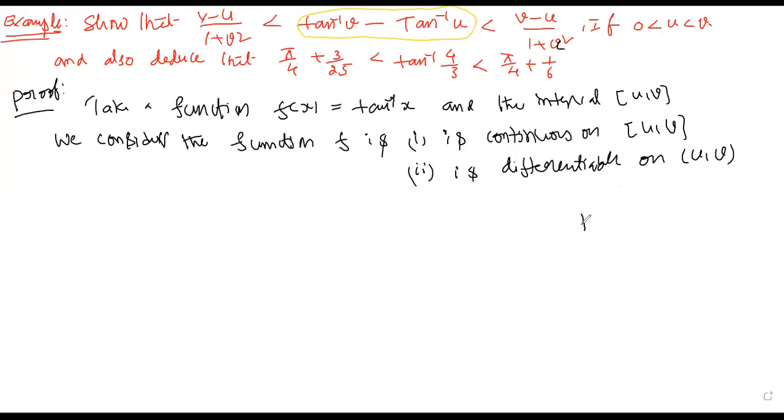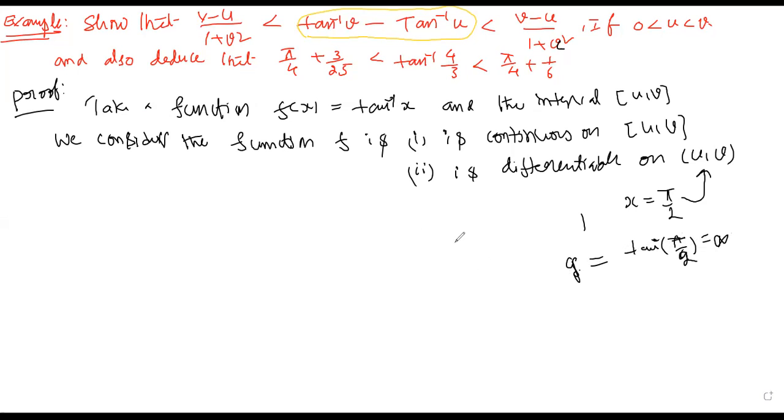Suppose you take x equals pi by 2, and this pi by 2 lies between u and v. For example, take the function g equals tan x. Tan pi by 2 equals infinity, so this function tan is not defined at pi by 2.